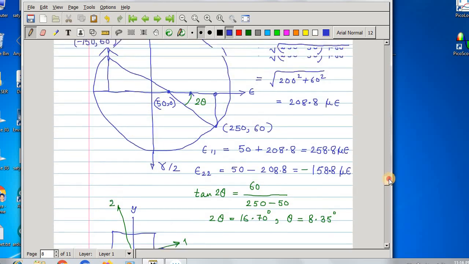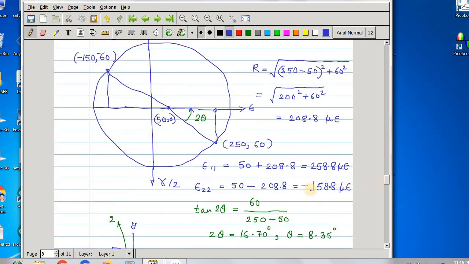And what are the principal values? So you find out the radius. The radius is the square root of 250 minus 50 square plus 60 square. So this is the radius. So this is the average strain from here to here.